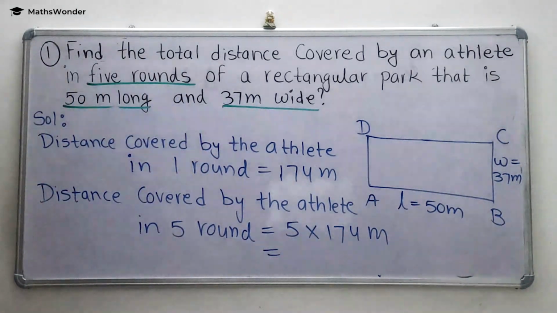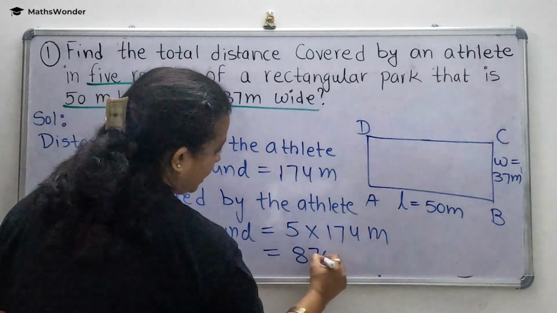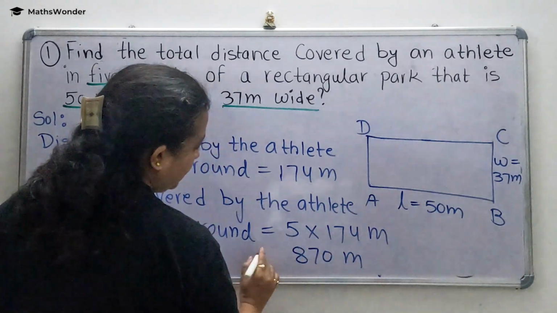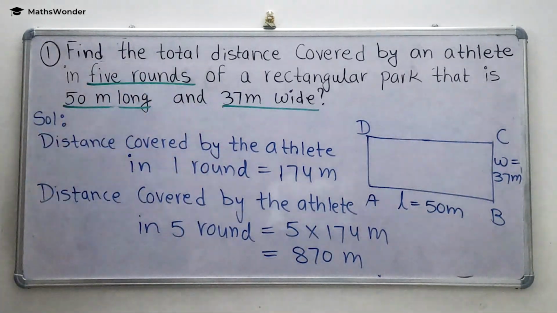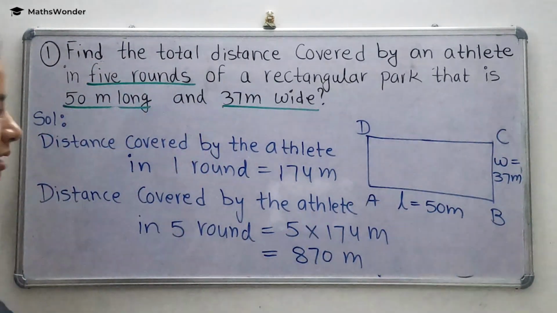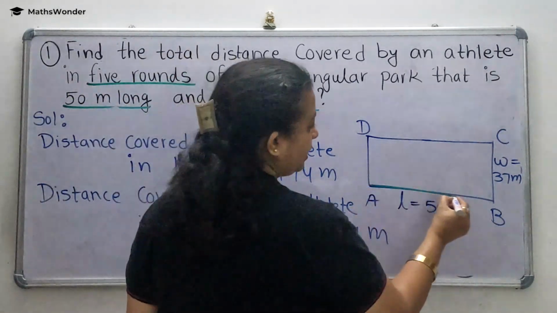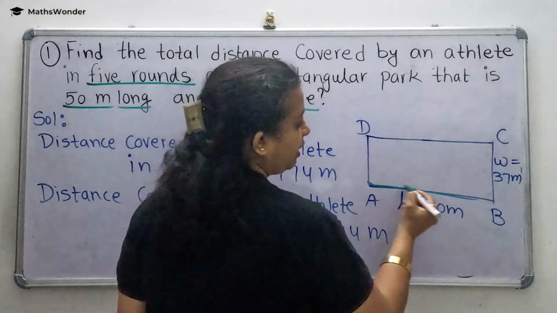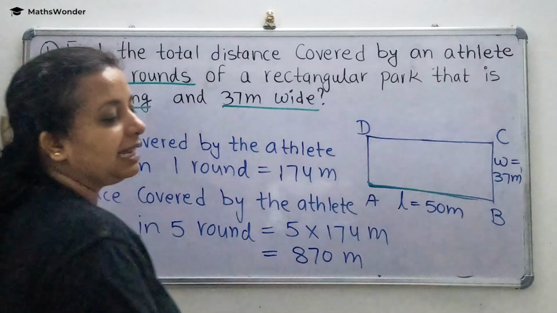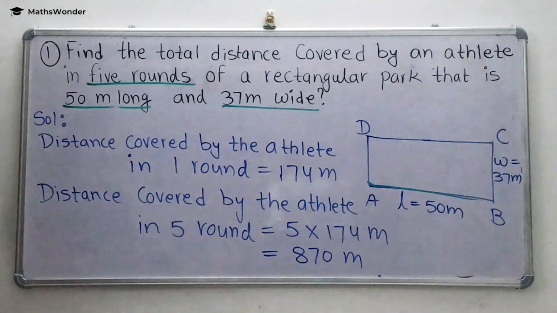So the total distance is 870 meter, as you said, which is absolutely correct. So we are finding the 5 rounds. Start from A, B, C, D, A, 1 round. A, B, C, D, A, second round. A, B, C, D, like that. So 5 rounds, so we will multiply with 5.